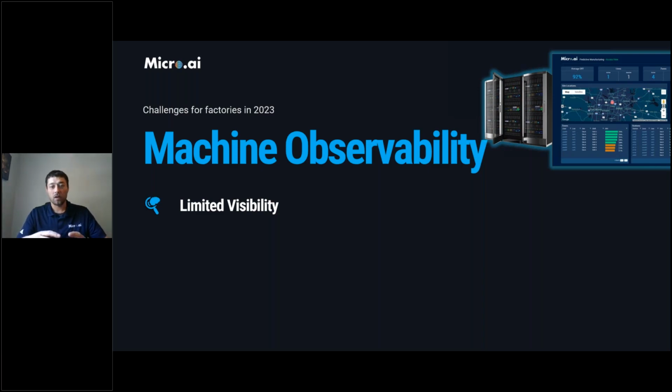And this can lead to a lot of problems, such as lack of agility when it comes to meeting the challenges or changes that need to be made, whether it be in the production environment or due to market factors that are causing maybe some shifts in how much we're producing or what we are producing. All of these things are negatively impacted by having a limited visibility of what's going on in the machine.